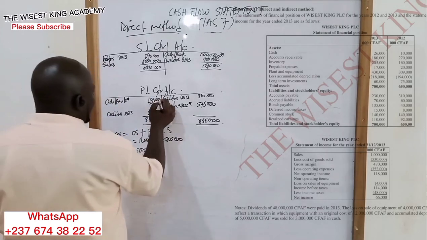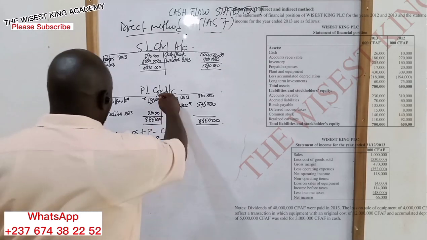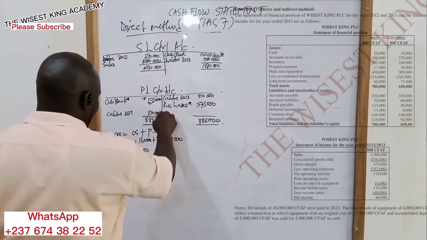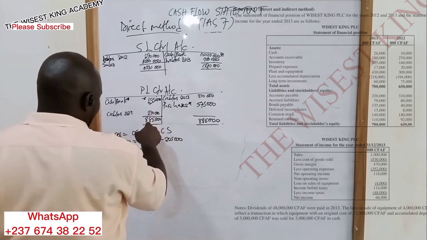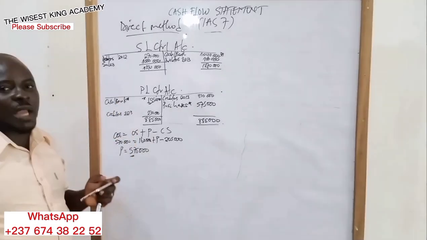That is the amount of cash paid to creditors. 5 plus this, 8. This plus this, 8. So that's 655,000.